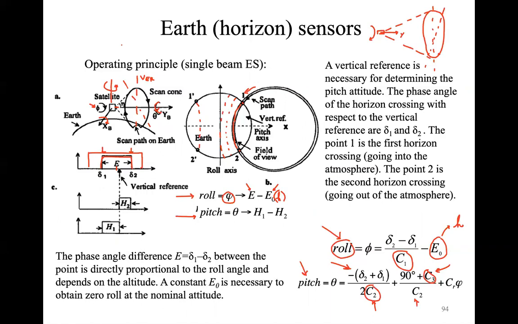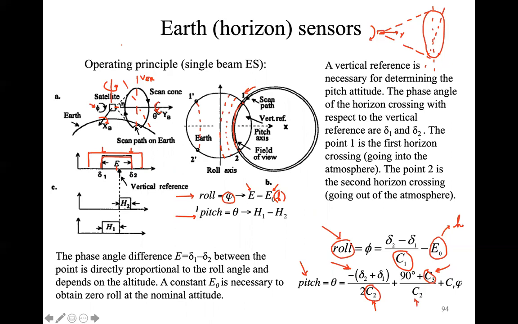The roll angle is determined by looking at the phase difference of the signal that is measured by the detector. And you have a vertical axis that gives you the information about the symmetry of the signal with respect to a vertical reference, and so you have a pitch axis.